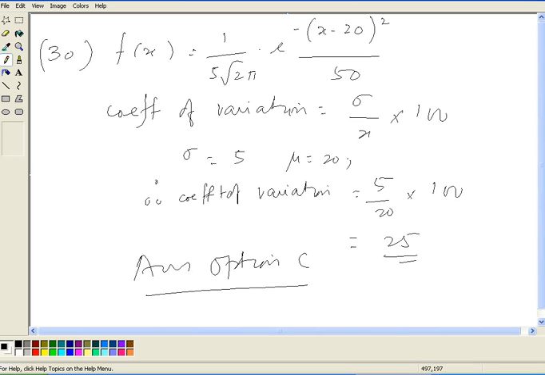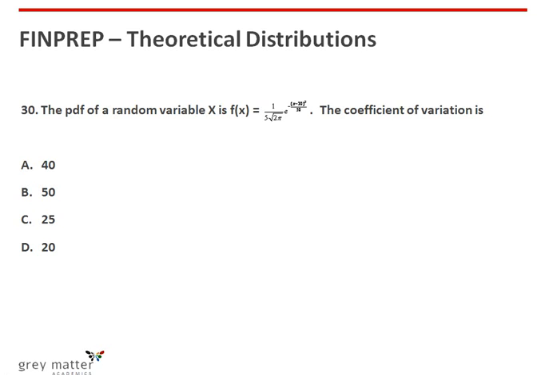Coefficient of variation is given by sigma by mu, into 100. So we get 5 by 20 into 100, which is 25%. The answer is option C. Going to our PowerPoint presentation, it is C, which says 25.